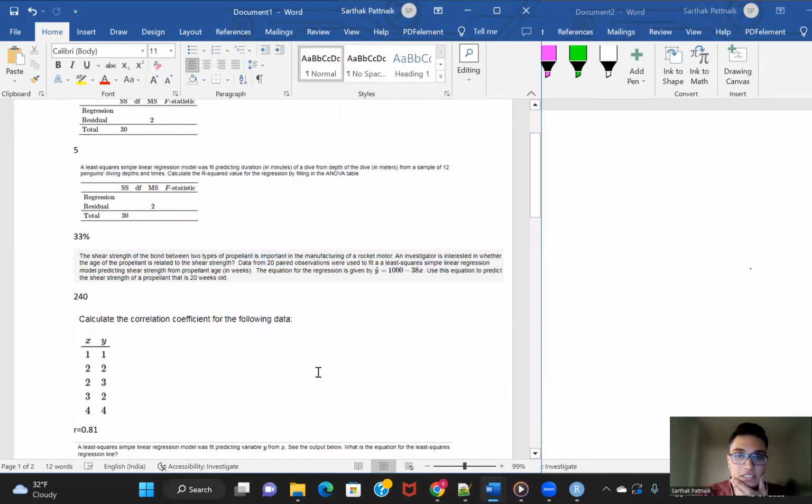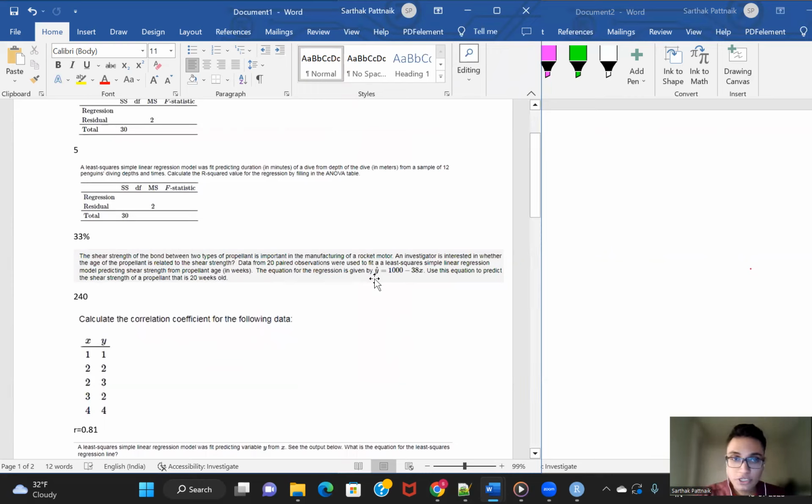An investigator is interested in whether the age of the propellant is related to the shear strength. Data from 20 paired observations were used to fit a least square simple linear regression model predicting shear strength from propellant age. So shear strength is my dependent variable, and that is dependent on the propellant age. Propellant age is the independent variable, and this model is a simple linear regression model.